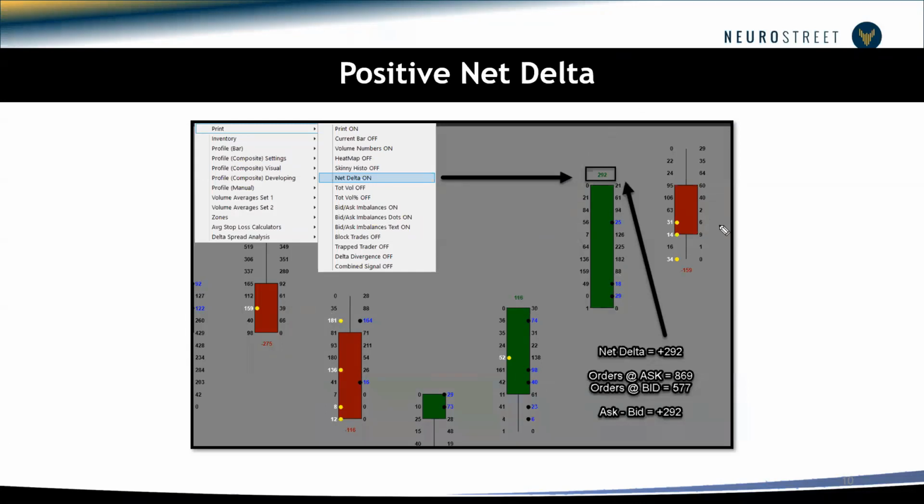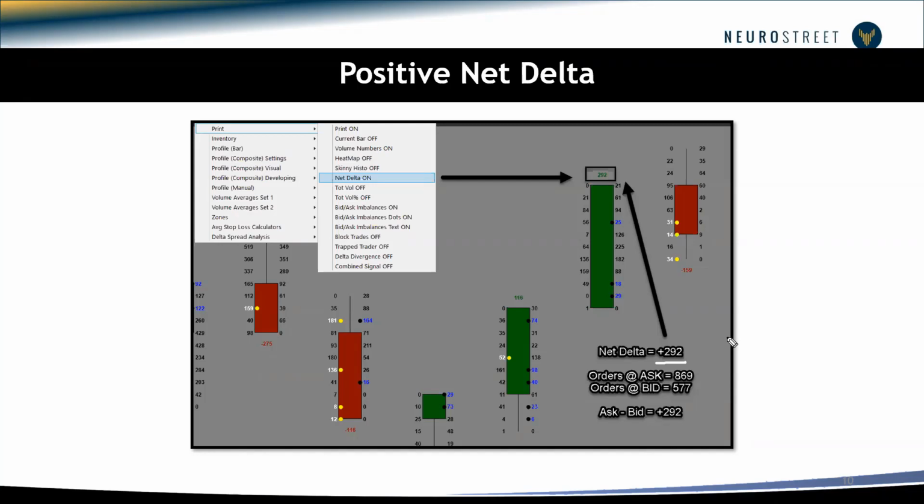So when we talk about a net delta of positive 292, we're subtracting the bid from the ask, and we arrive at 869 contracts minus 577, which leaves me net 292.